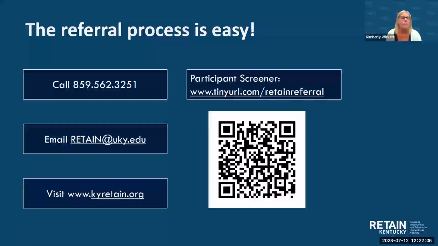So we want to have multiple ways that people can reach out to us, and they're all listed here. Individuals can call us at 859-562-3251. They can email at retain@uky.edu, visit our website at kyretain.org, or scan our QR code screener.